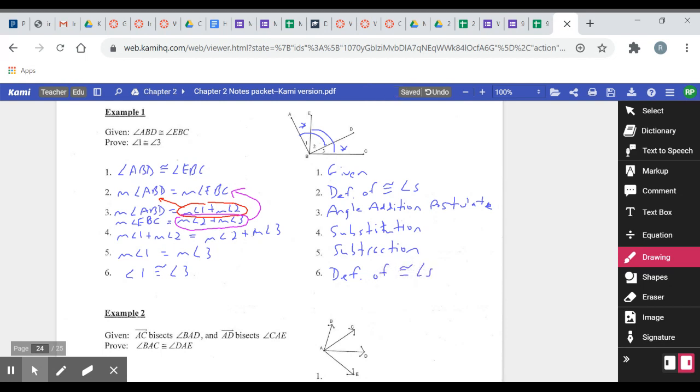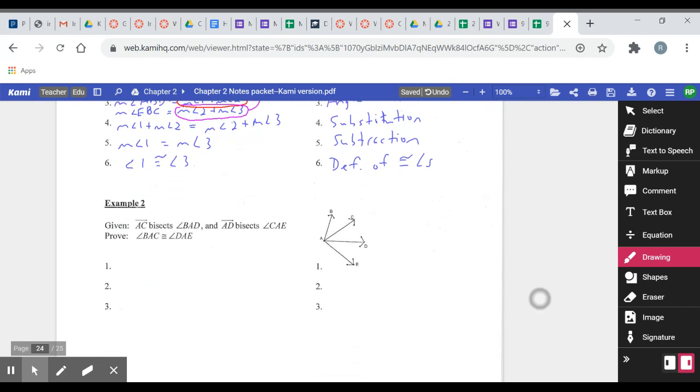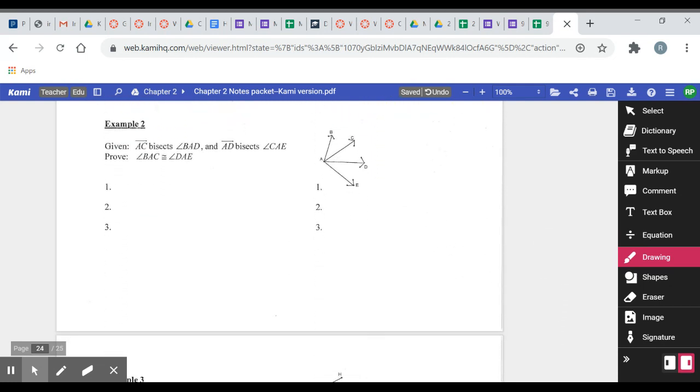All right, moving right along. On example 2, again, it's hard to see these little ray symbols. So I'm going to say ray AC and ray AD. So ray AC bisects angle BAD. So if ray AC cuts angle BAD in half, then I know this angle is congruent to that angle.